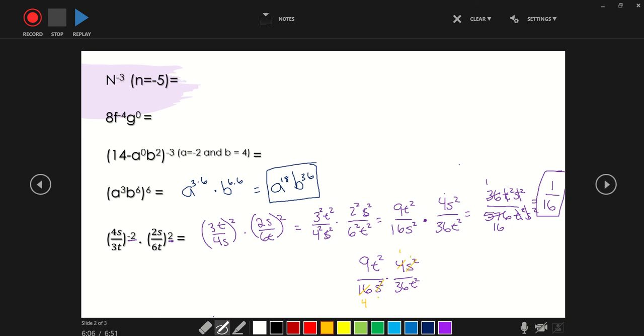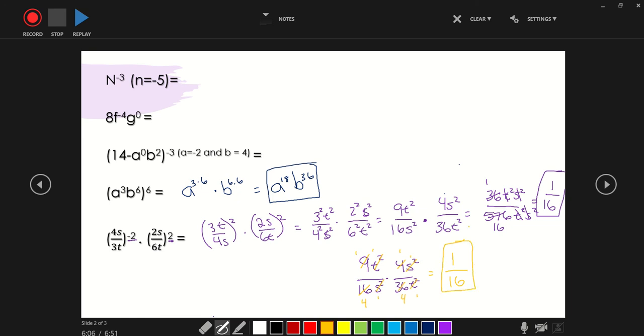It's just 1 and 1. Now over here we've got t squared and t squared, which also just becomes 1 and 1. And 9 goes into 36 4 times. So now if we multiply 1 times 1 times 1 times 1, that just becomes 1. And 4 times 1 times 4 times 1 is 16. And we get our answer.